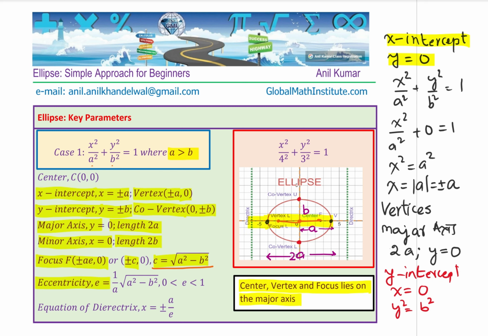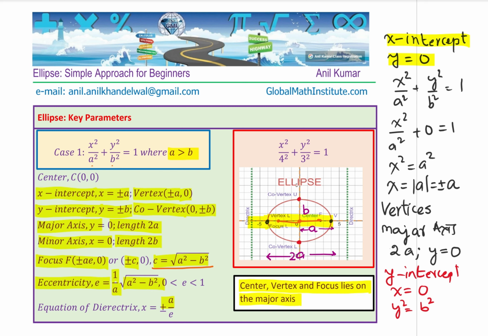That ratio is E, which works out to be 1 over A times the square root of A square minus B square, or in terms of C we can write it very easily as C over A, right? C over A.